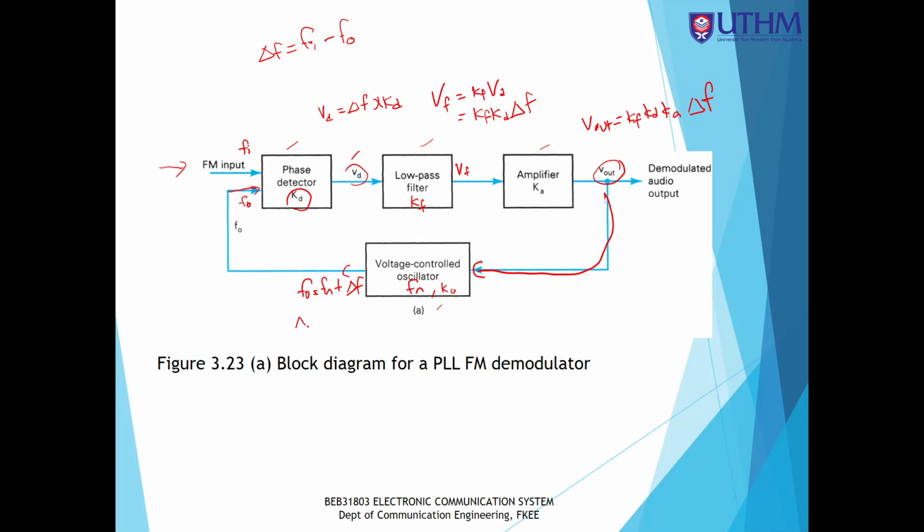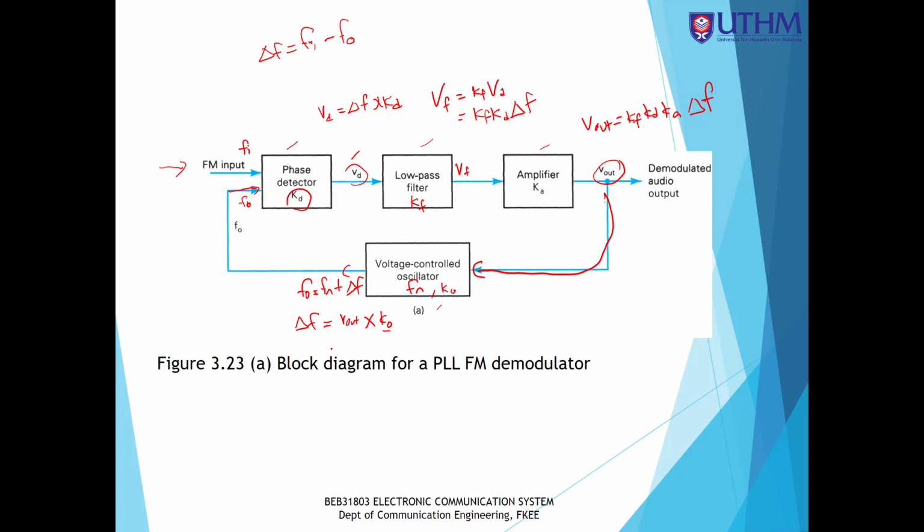So delta F, the difference in terms of frequency, is actually equal to, from the V out, we get V out multiplied with K0, the sensitivity parameter for the voltage control oscillator.